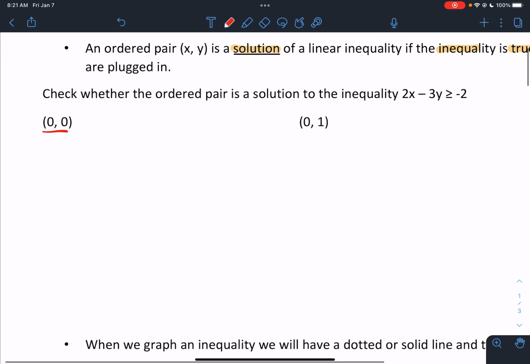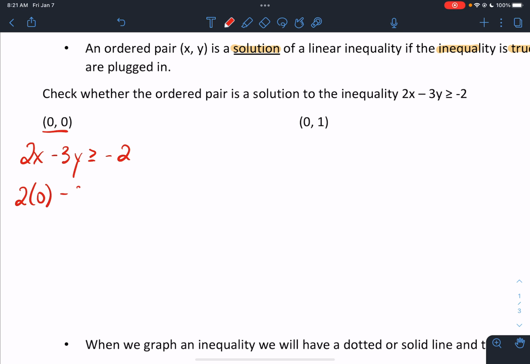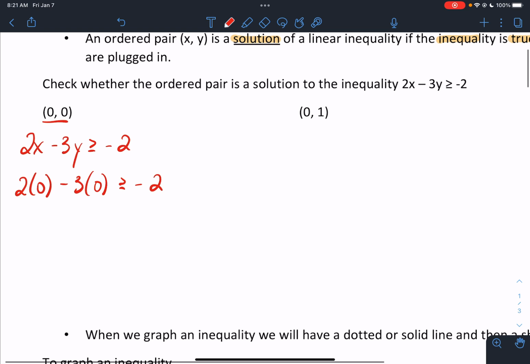I'm going to rewrite it so we can see, and substitute in a 0 for my x and a 0 for my y. So I have 2 times 0 minus 3 times 0 is greater than or equal to negative 2. 2 times 0 gives me 0. 3 times 0 gives me 0.